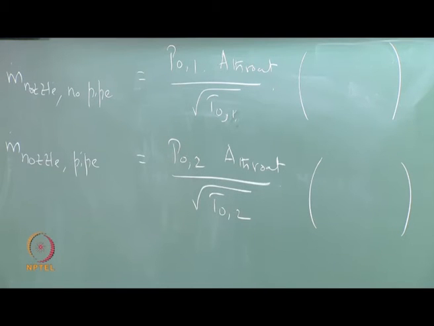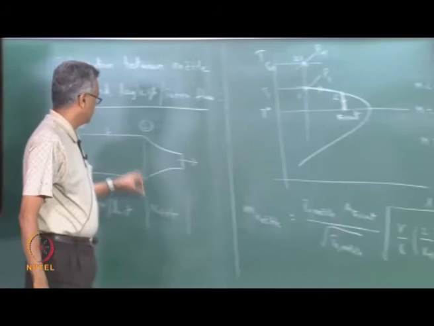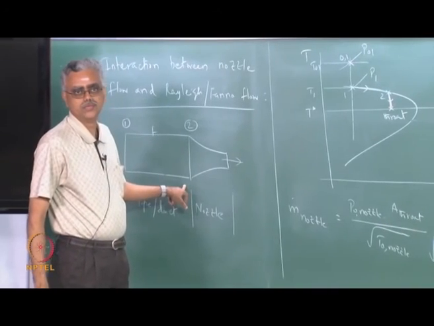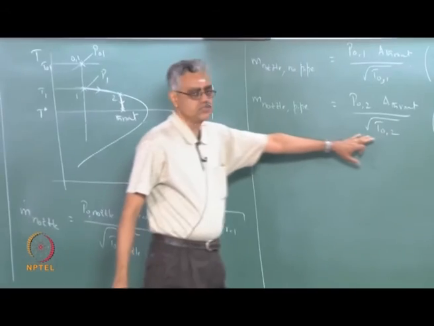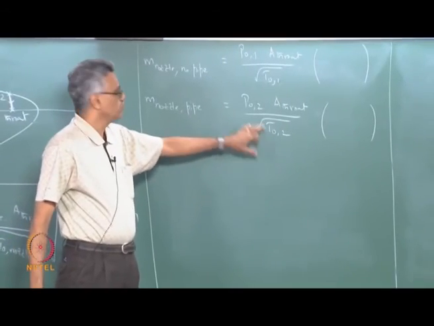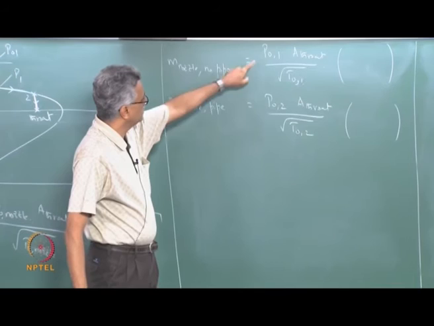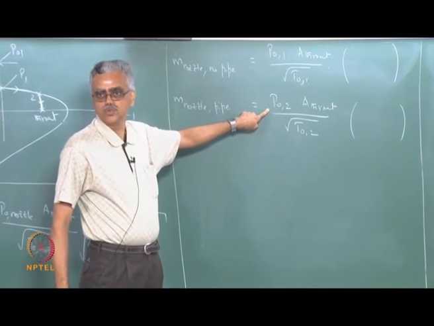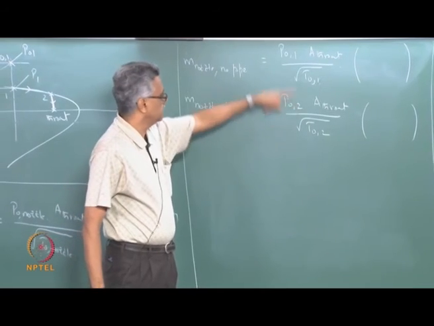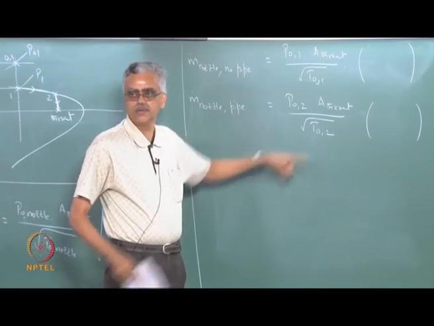Right. The isentropic part of the flow starts from station 2, which is why I have written T0 nozzle as T02 in this case. So, because of the presence of the pipe, we can see that P01 is going to be greater than P02. Stagnation temperature remains the same in a Fanno flow.